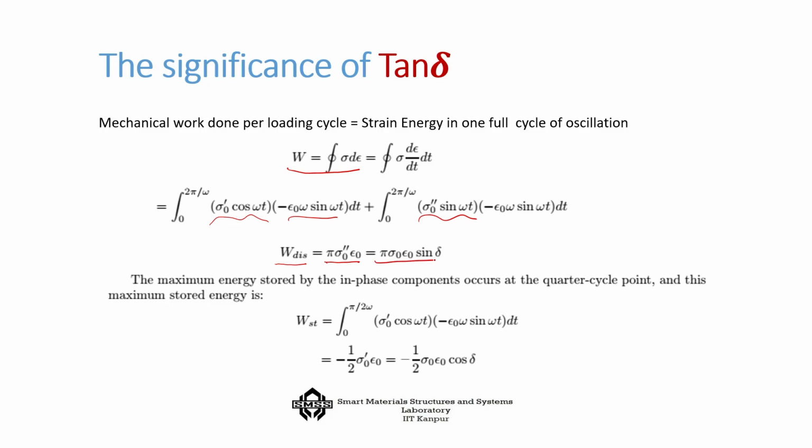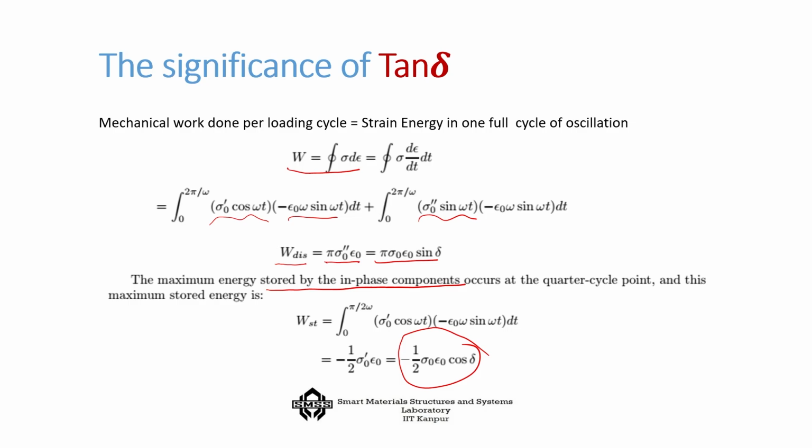So you can get the W that is dissipated, and the work that is done; both of them you should be able to find out. You should be able to find out the maximum energy stored in the in-phase components, which will come out to be half sigma 0 epsilon 0 cos delta.